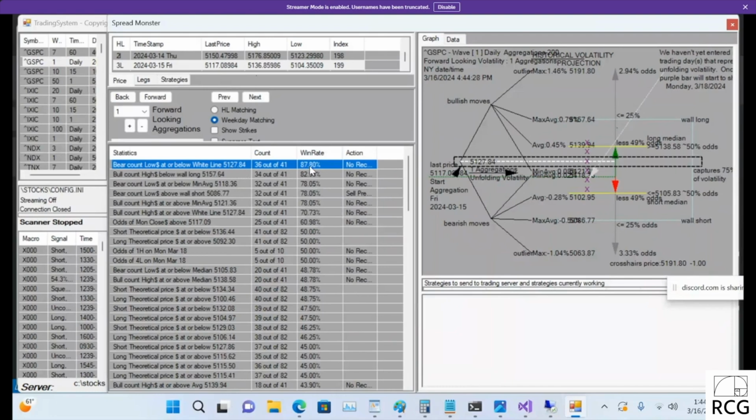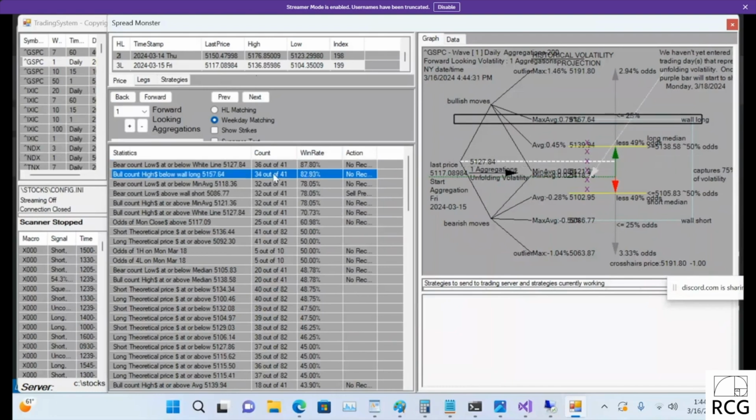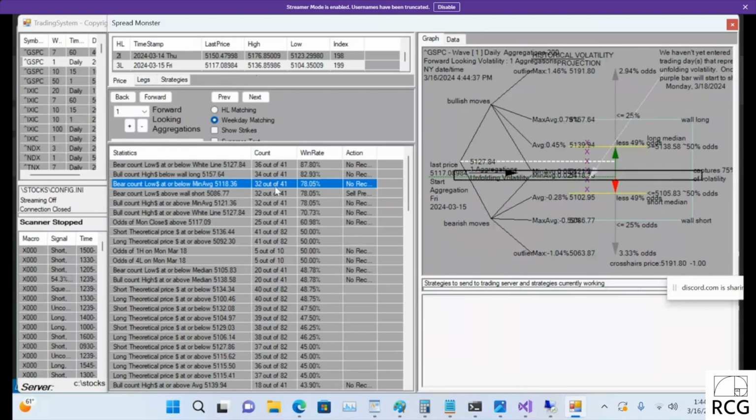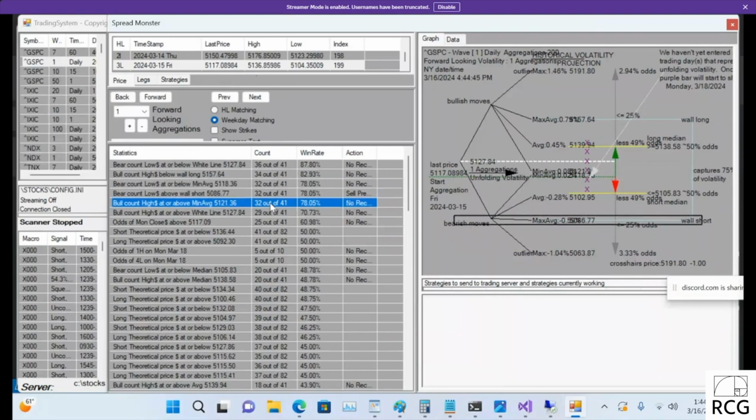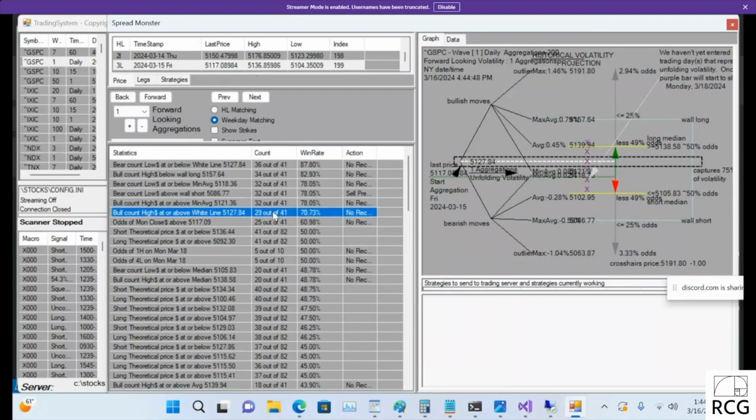So almost 9% of the time we're going to be below the white line. 82.93 below that. 78% below that. It's saying the likelihood of the price at some point in time being below.